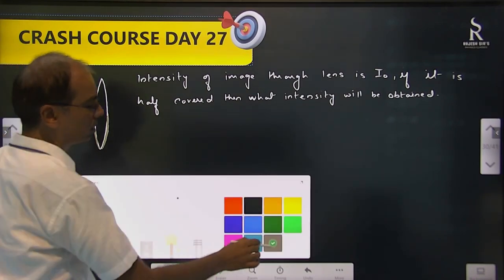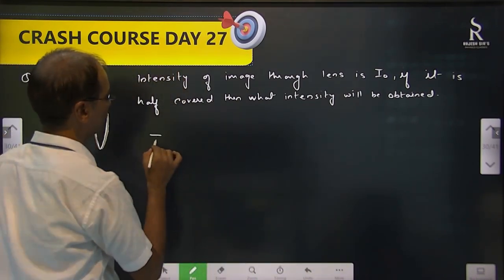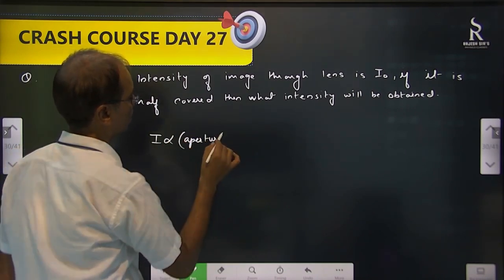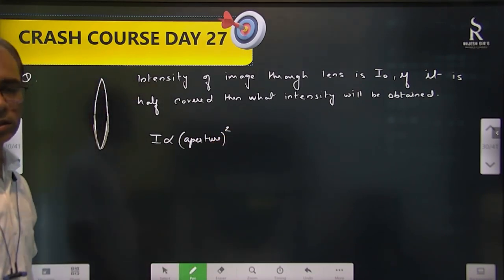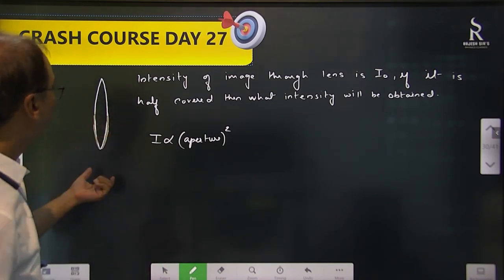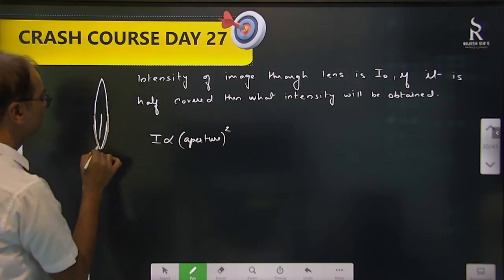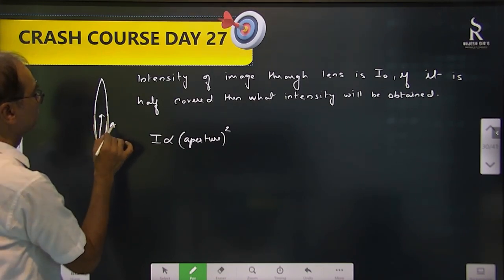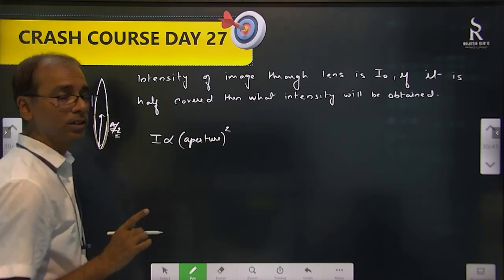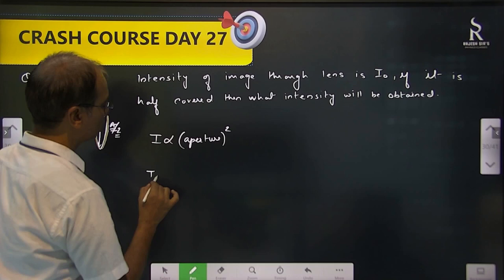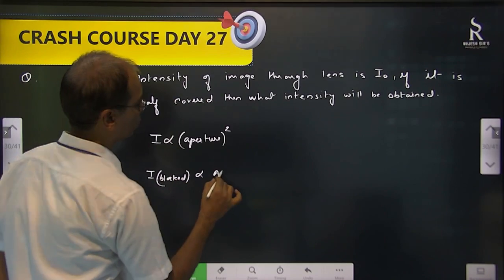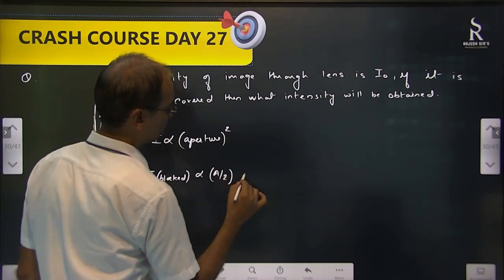Now intensity, always remember, is proportional to aperture square. Aperture is the diameter of the lens. So you covered half, which means half of the aperture is gone, A by 2. So how much intensity have you blocked? The intensity blocked is proportional to A by 2 whole square, that means A square by 4.